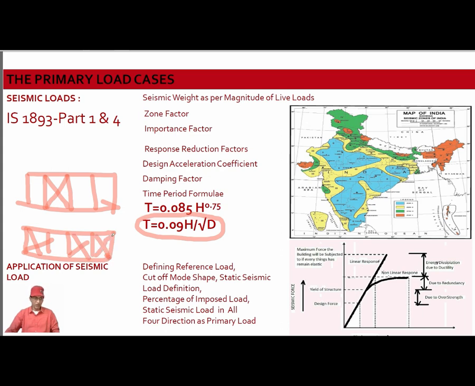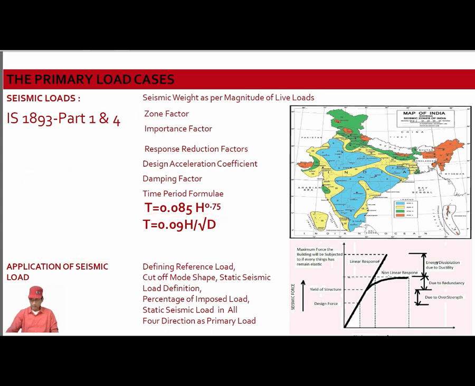It cannot be possible that both of these structures have the same time period in this direction. So many structural engineers consider the first formula, that is T equal to 0.085 h to the power 0.75, for the calculation of time period.